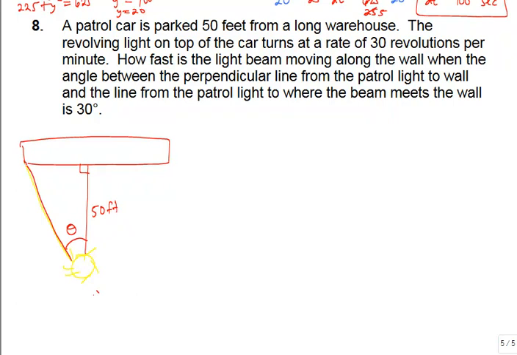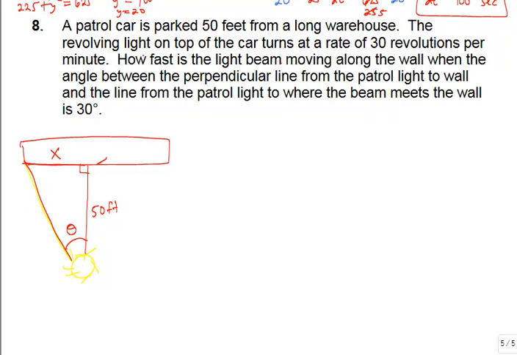And this light is shining along this line and moving along this wall. So we have this light sweeping across, and as it's moving, this distance from the edge of the wall on over is growing. So let's call this distance right here x. Okay? So now we have some things labeled. Let's figure out what some of these numbers represent. We already know that 50 is the perpendicular distance from the light to the wall.